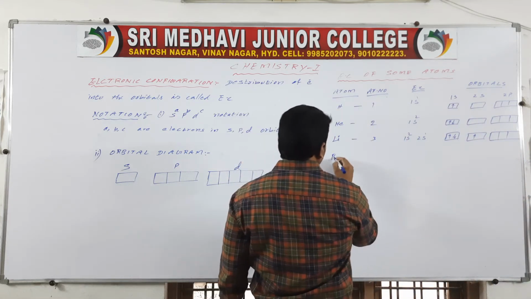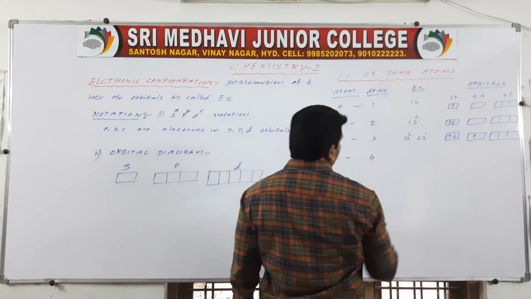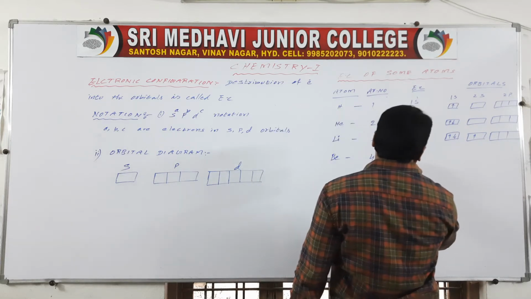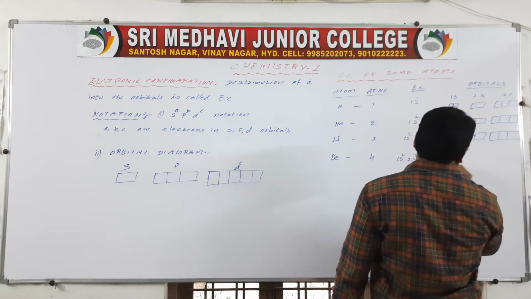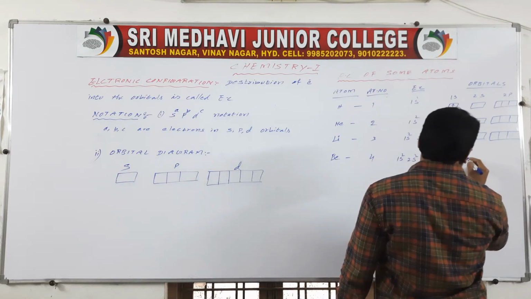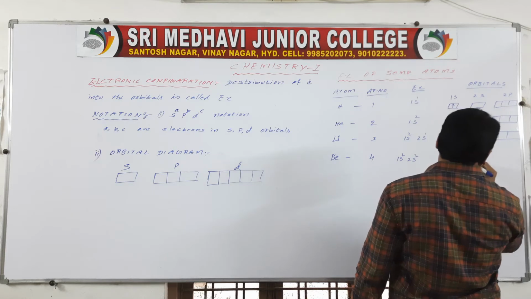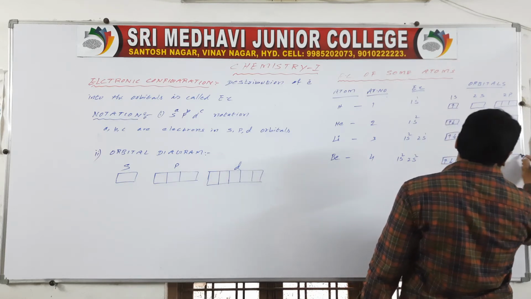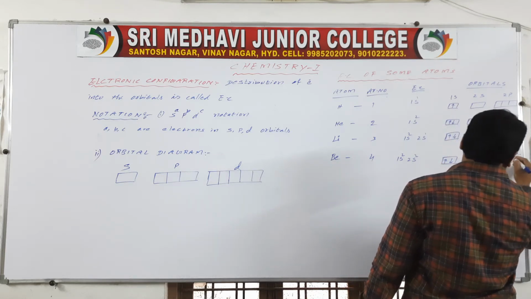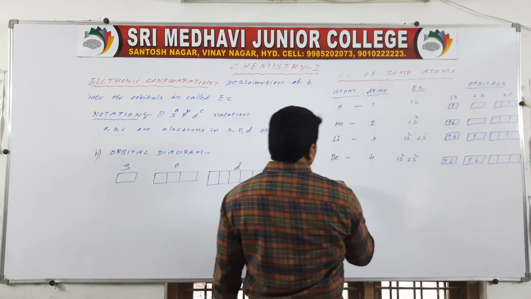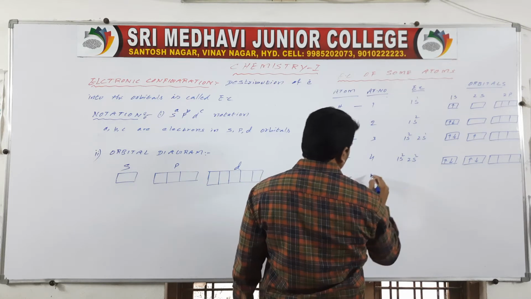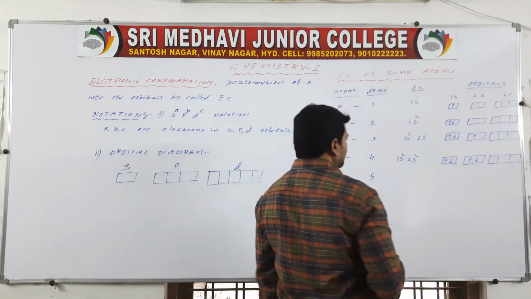Next, beryllium. Atomic number 4. Electronic configuration 1s2, 2s2. In 1s there are 2 electrons, in 2s 2 electrons, and 2p is empty. After that boron. Atomic number 5.